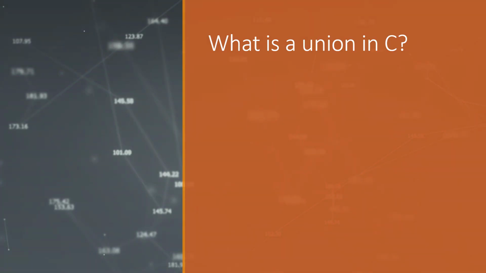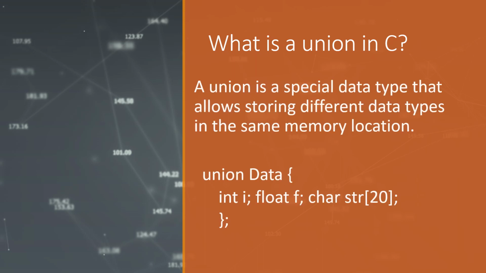What is a union in C? A union is a special data type that allows storing different data types in the same memory location.